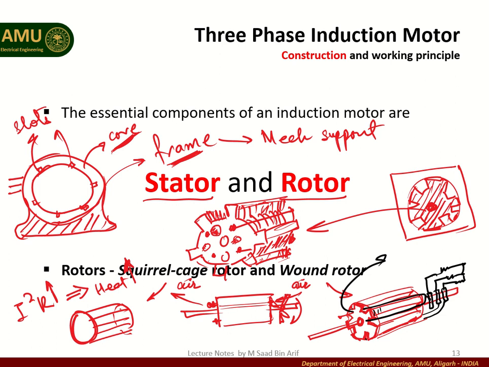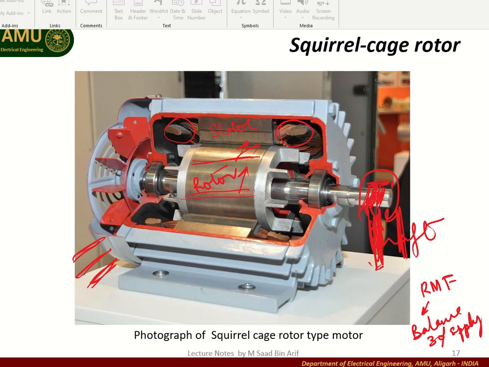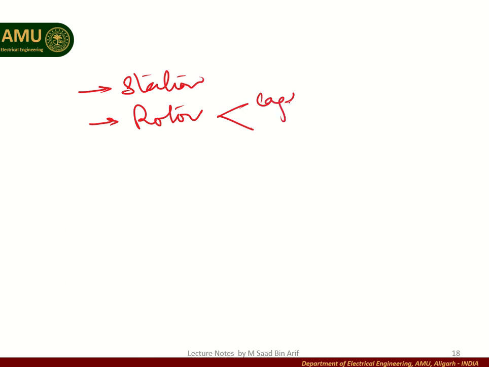Just to summarize the construction, we have a stator and we have a rotor. The rotor can be cage type or wound type.